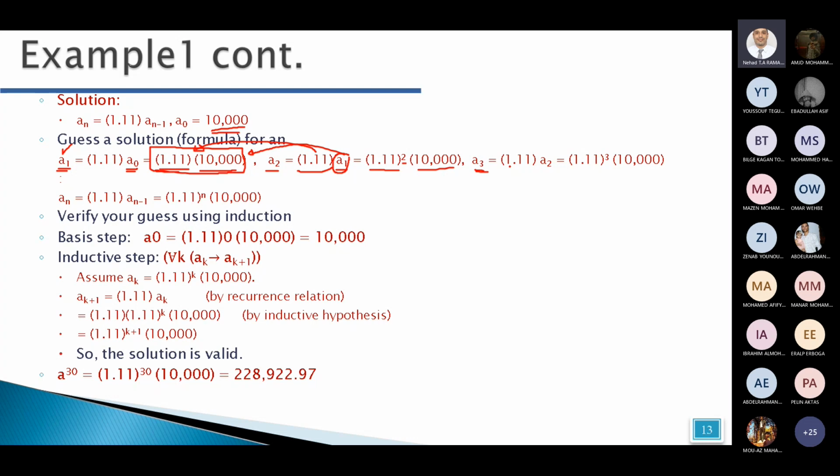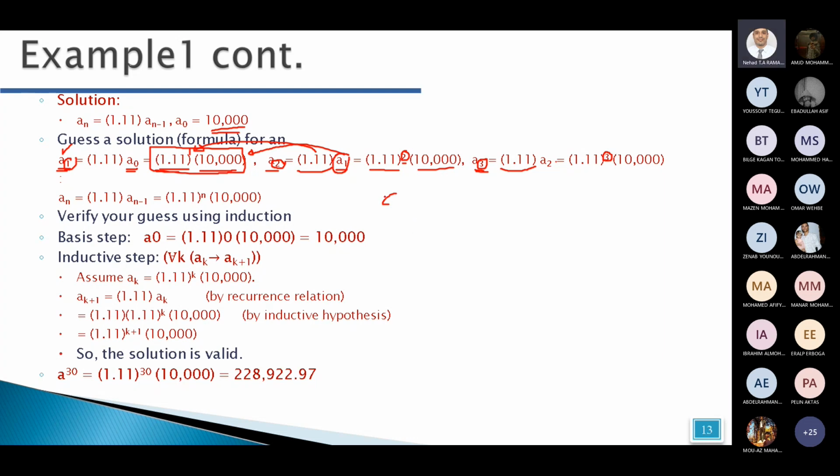Same for A3: every time you multiply by 1.11, you increase the power, so it becomes power 3. As you can see, there's a relation here. It's power 3 when we have A3, power 2 when we have A2, and power 1 when we have A1.